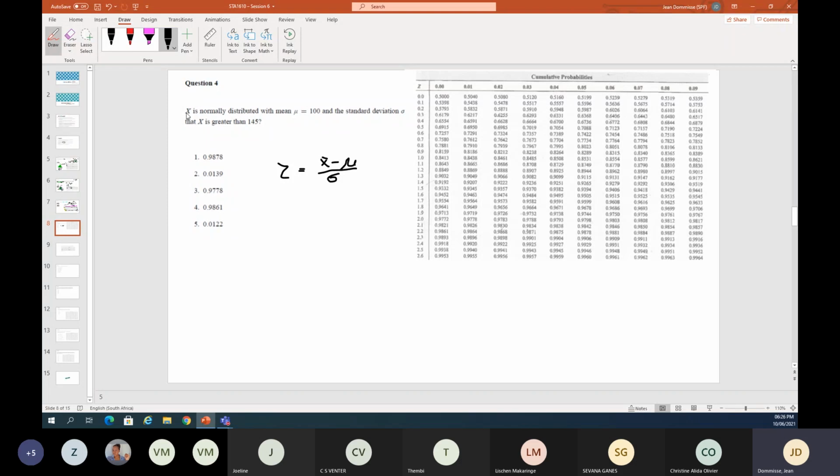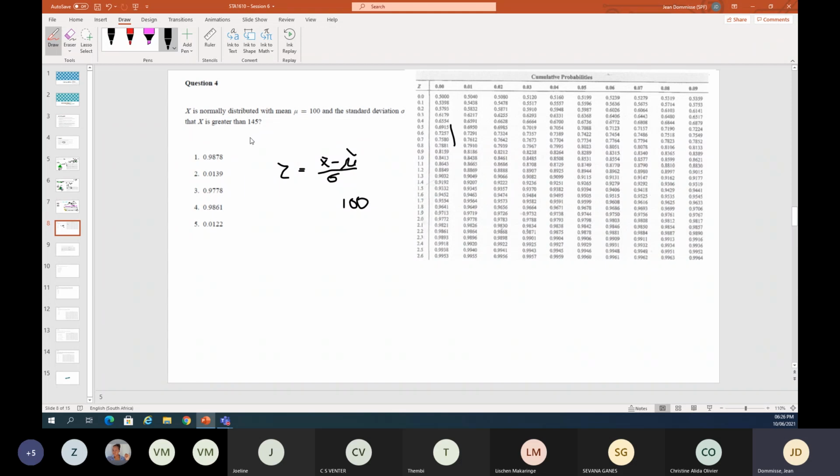Okay, so X is normally distributed with a mean of 100. I automatically put that in. Standard deviation, oh wait. I'll check the standard deviation now.